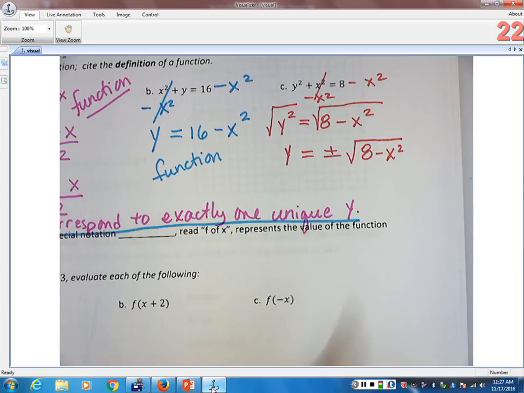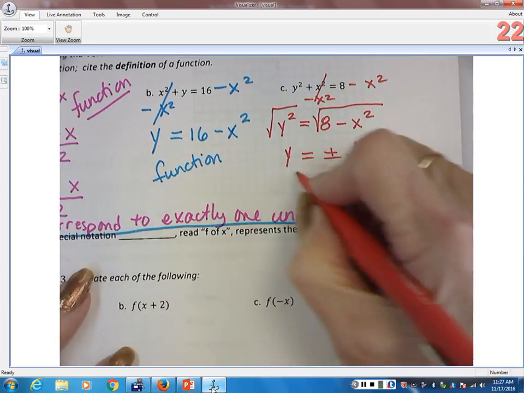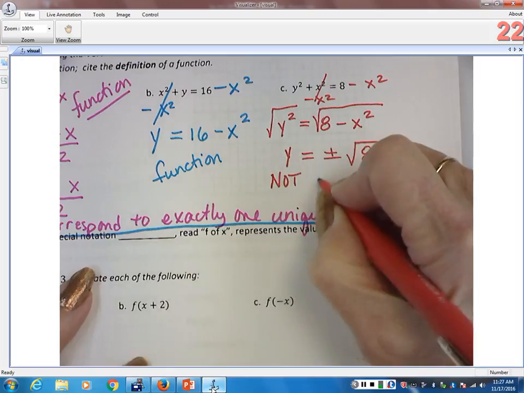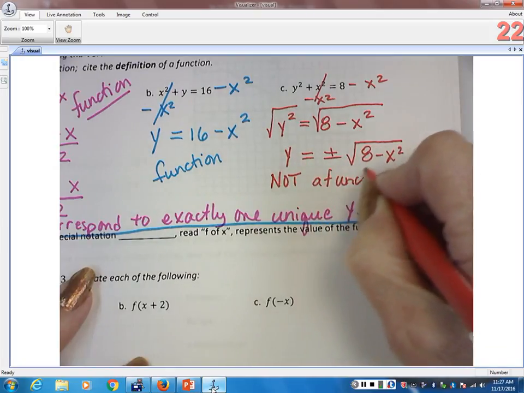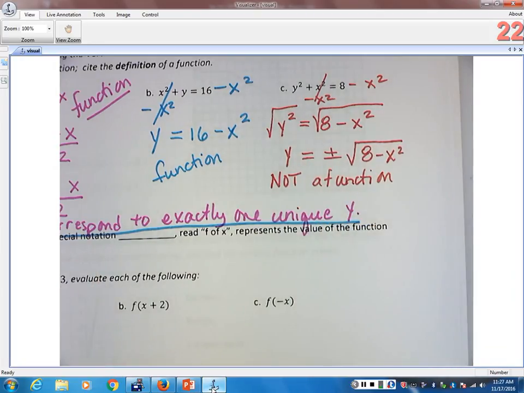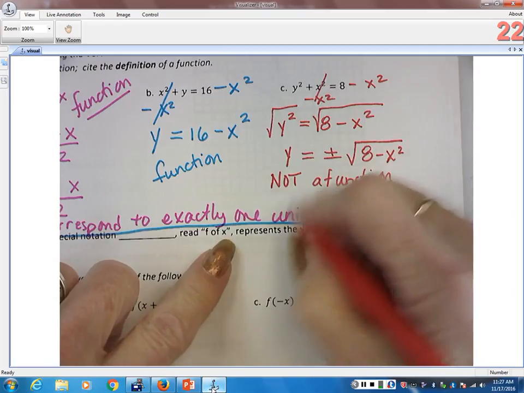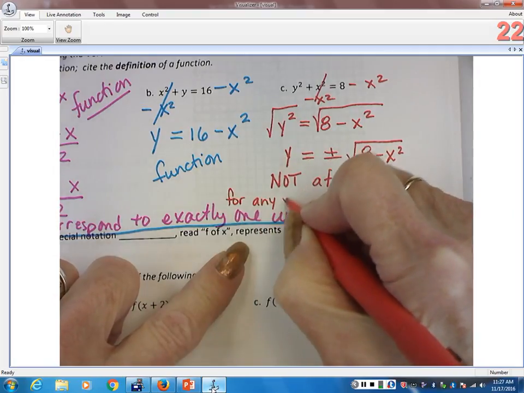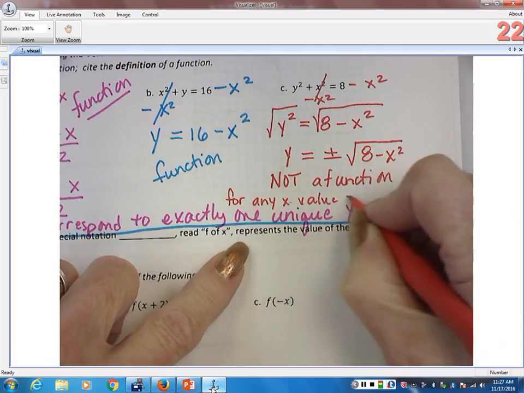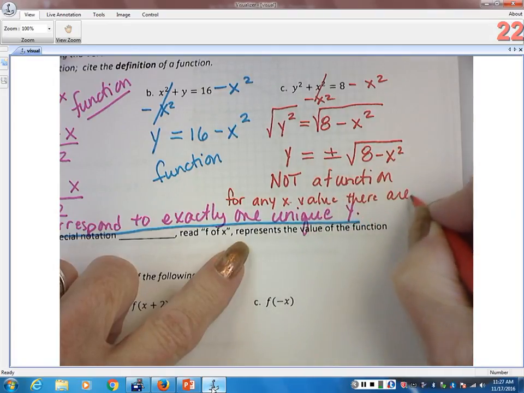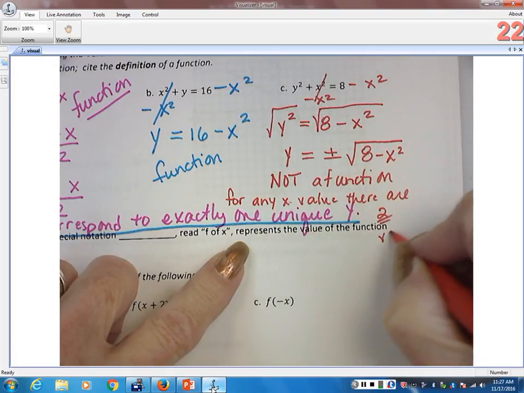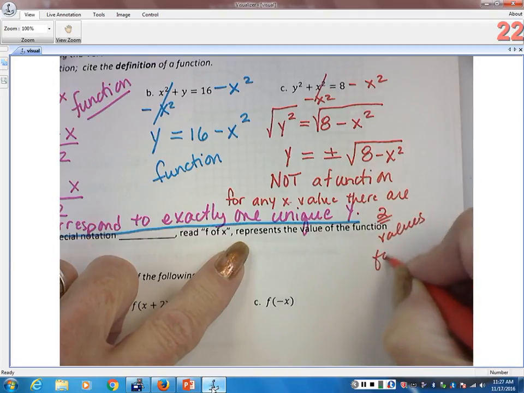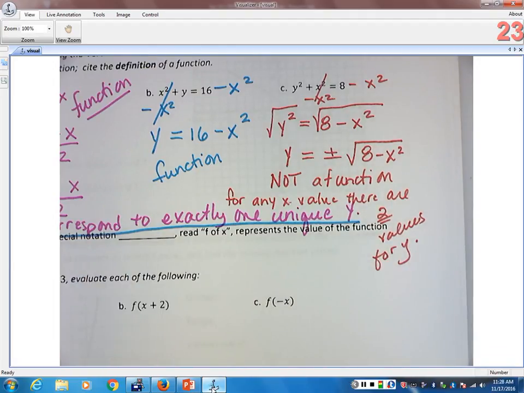And that means that it violates this rule, because for any value of x, there are 2 possible values of y. That's why it's not a function.